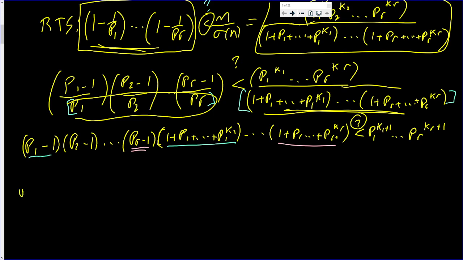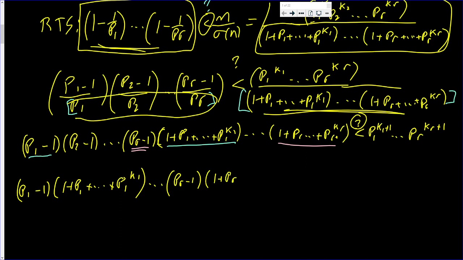So what I have is (P1 minus 1) times (1 plus P1 all the way up to P sub 1 to the K sub 1), all the way down to (PR minus 1) times (1 plus P sub R all the way up to plus P sub R to the K sub R).